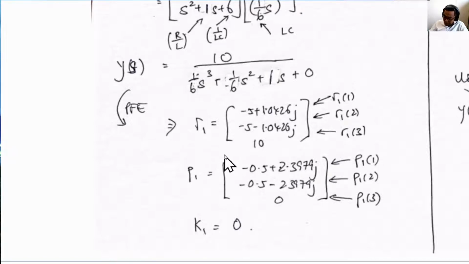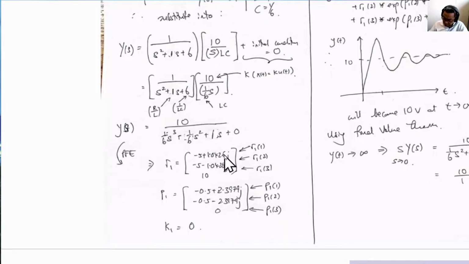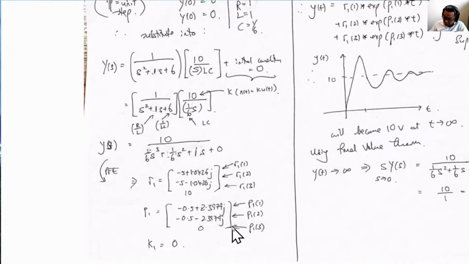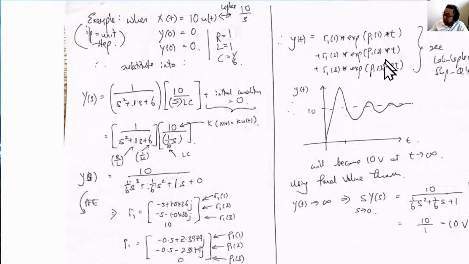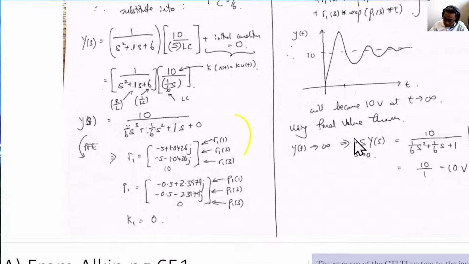I use RPK to find these values, and then I substitute the RPKs into the equation over here, and then I can plot the answer. So I'll not remind you how to solve this. It is simply the residue.